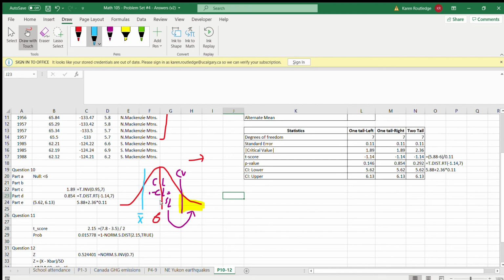In order to do that, we need a distance from the mean. So we're going to use one of our formulas that have a dist in it. We're still dealing with a t distribution, so we'll use a t.dist. And we're doing a right-tailed test, so we're going to use the .rt version. And that does matter. You do have to specify that.